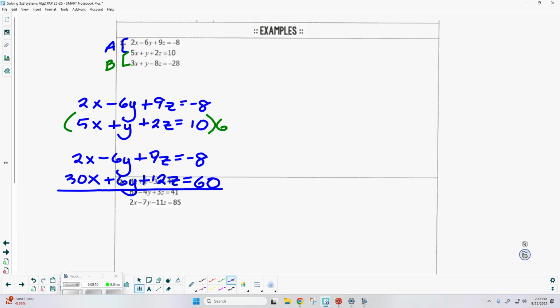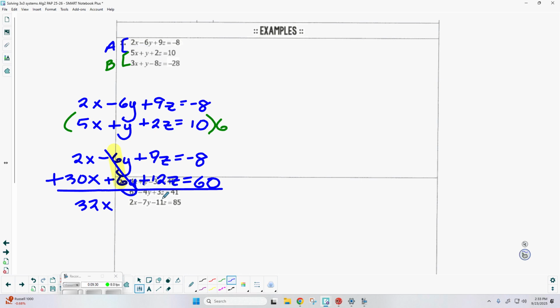We're going to add, because the way I set this up, I have opposite coefficients on the y's, so we're going to add them. We subtract if they're the same coefficient. So I'm going to add these. I need a 2x plus 30x, 32x. Those y's are going to cancel.